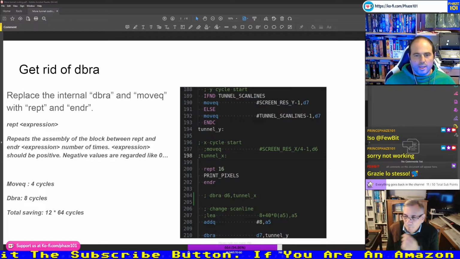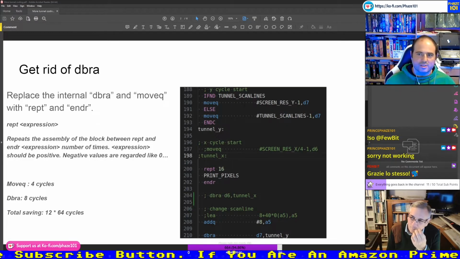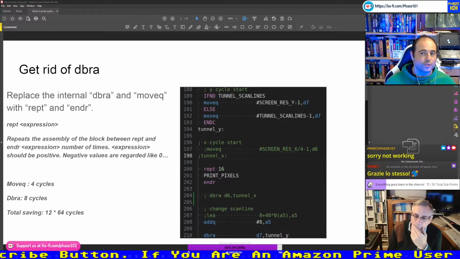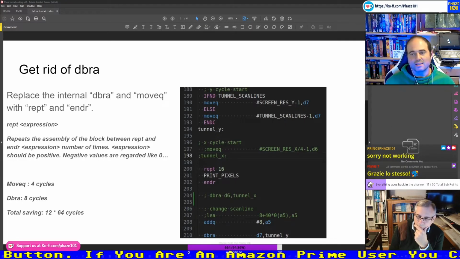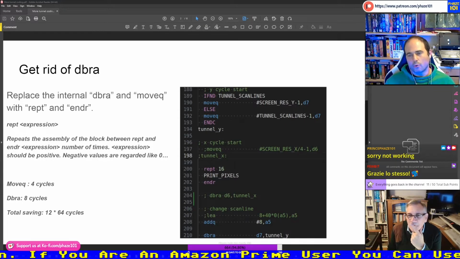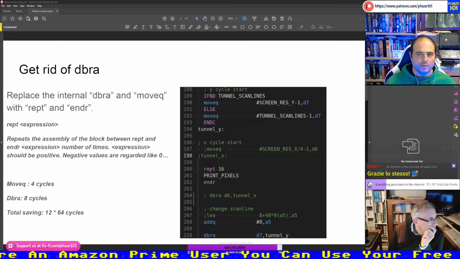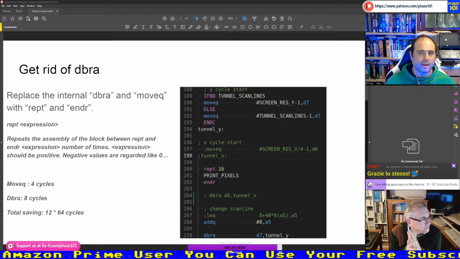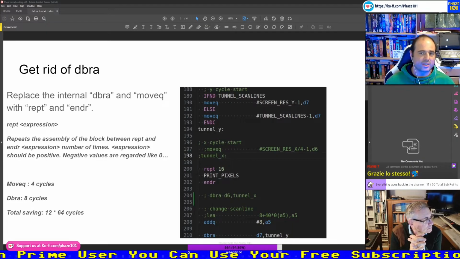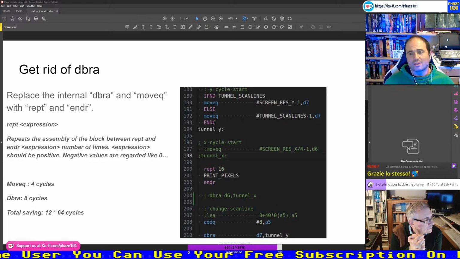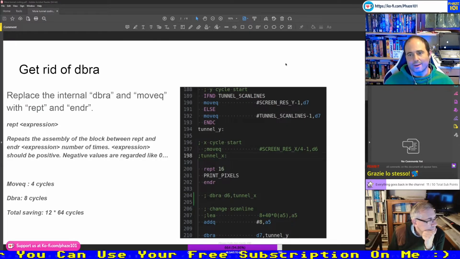So each iteration, we are saving 12 cycles, which is not much, but still it's something. If you compare the result using the usual trick, setting the background color to something and then restoring it, you will notice that some scan lines are gained.